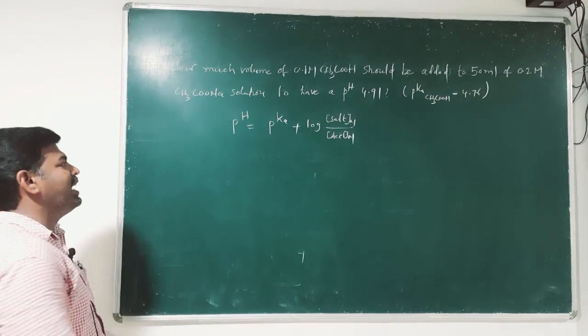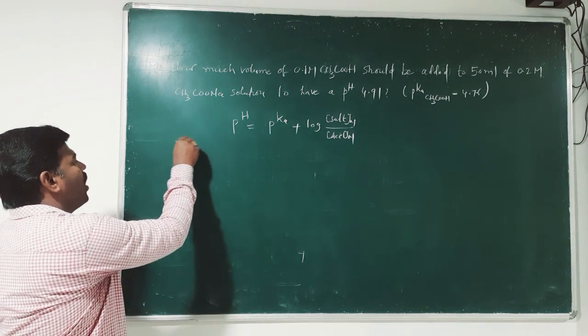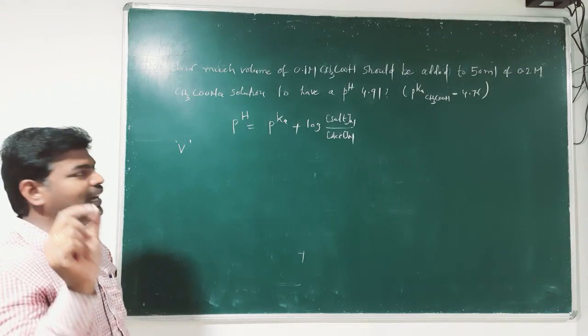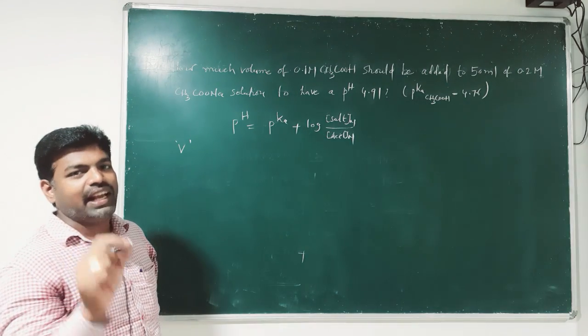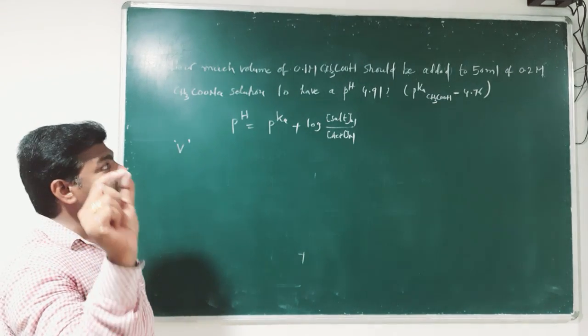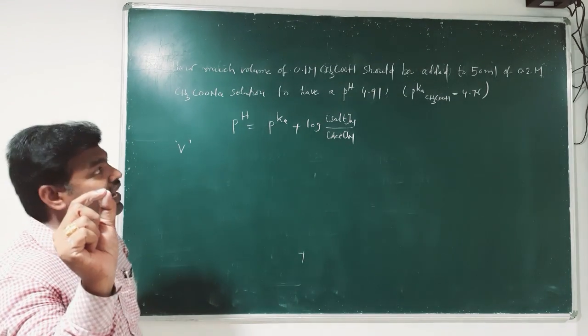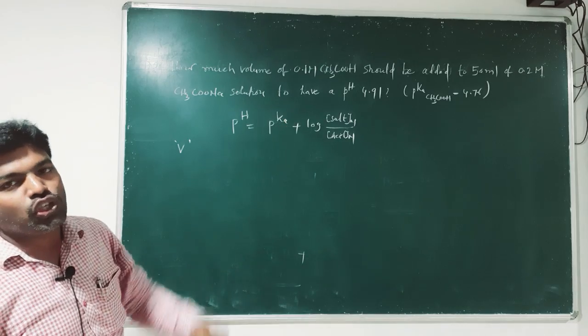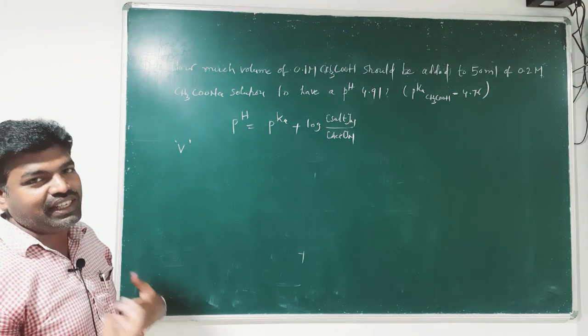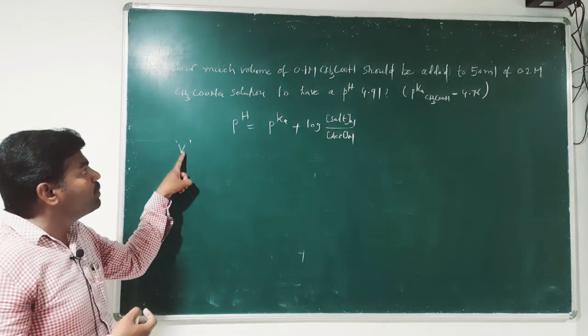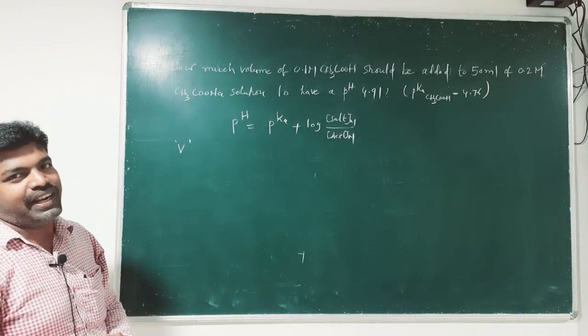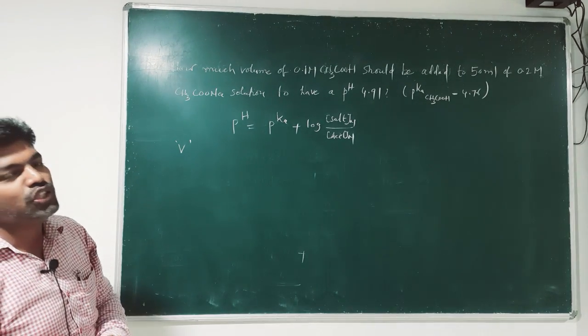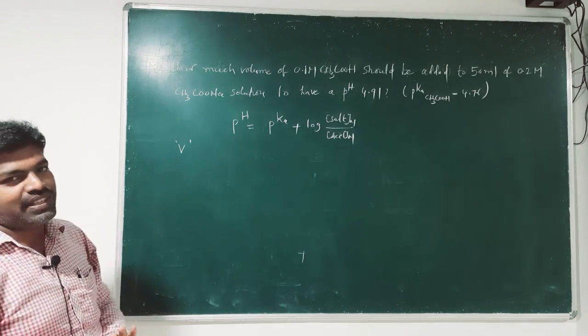So let us say, for the sake of convenience, V is the volume of acetic acid that should be added to 50 ml of 0.2 molar sodium acetate.